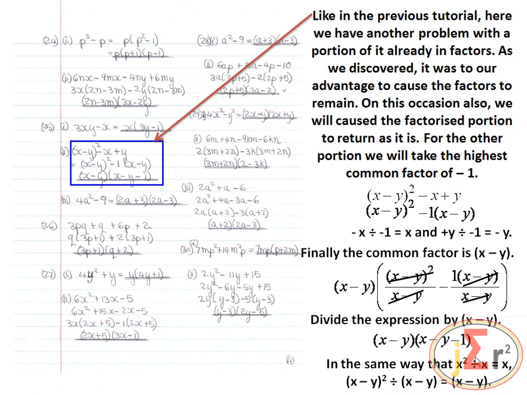And we may make use of a simple result. x squared divided by x is equal to x. Therefore, something squared divided by something is equal to something. So (x − y) all squared divided by (x − y) is equal to x − y. So that is a bit clearer to us now.